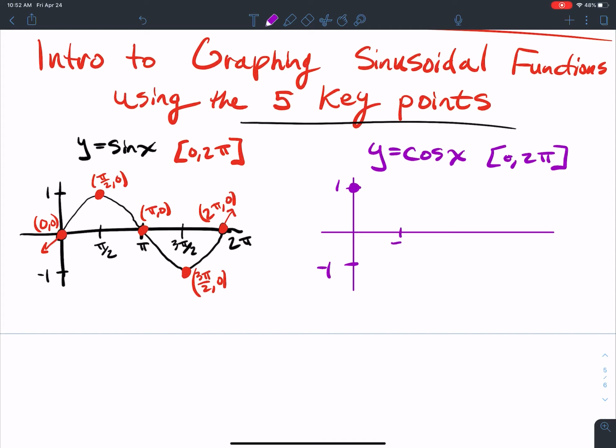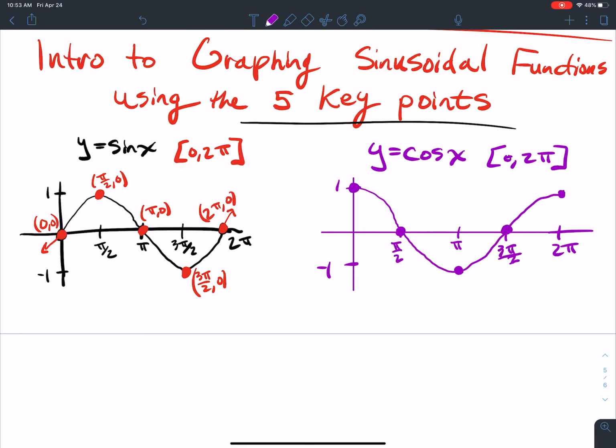Pi over 2 gets us down to 0, and then at pi, 3 pi over 2 and 2 pi. By the time we get down to pi, we're down here, and then we work our way back up, just like this.